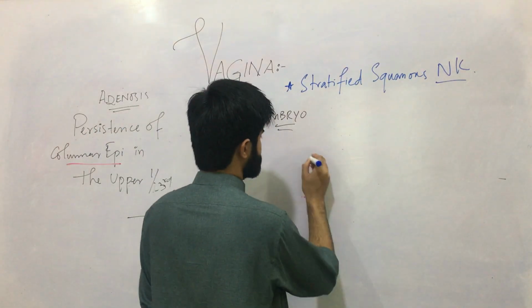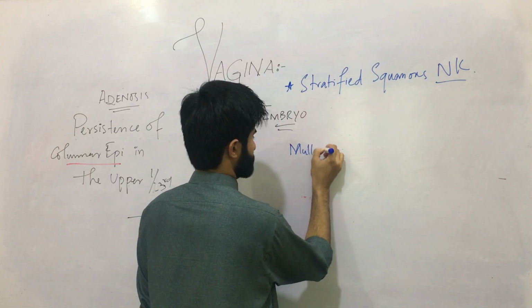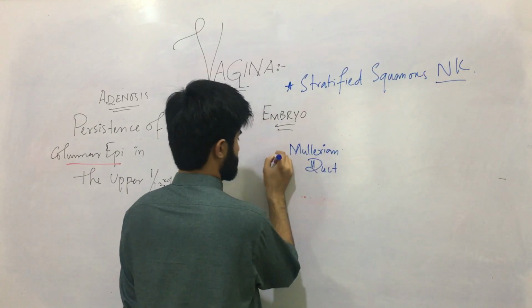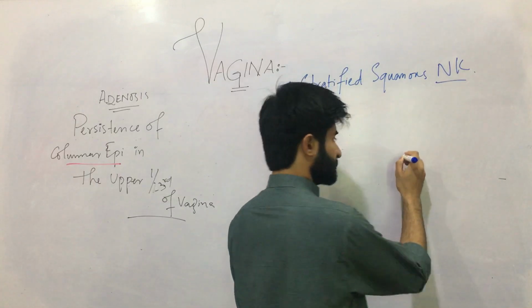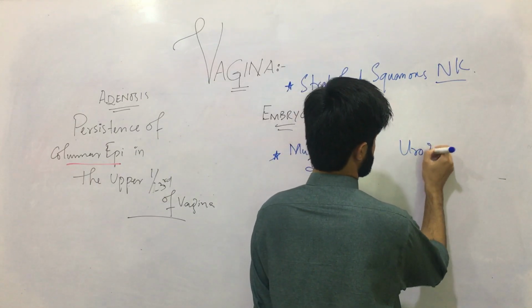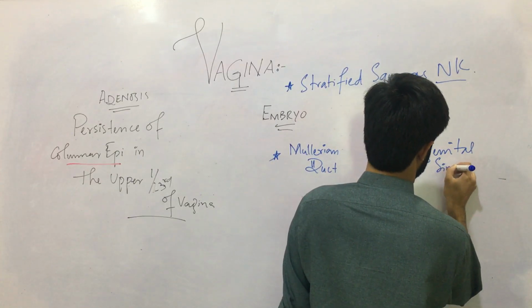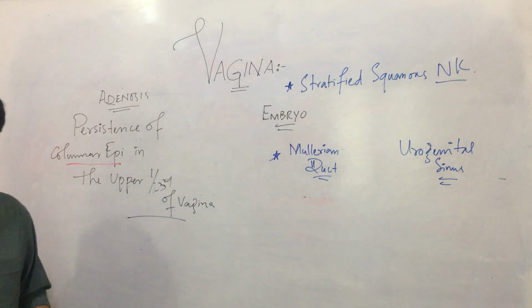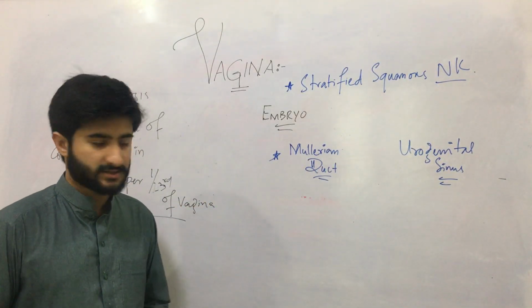Number one is Mullerian duct, and the second one is urogenital sinus. Vagina develops from Mullerian duct and urogenital sinus.